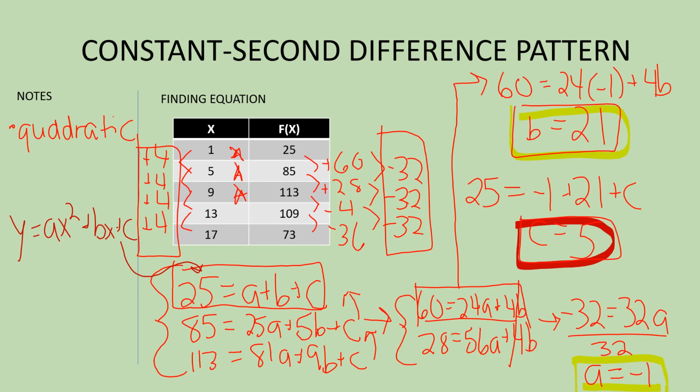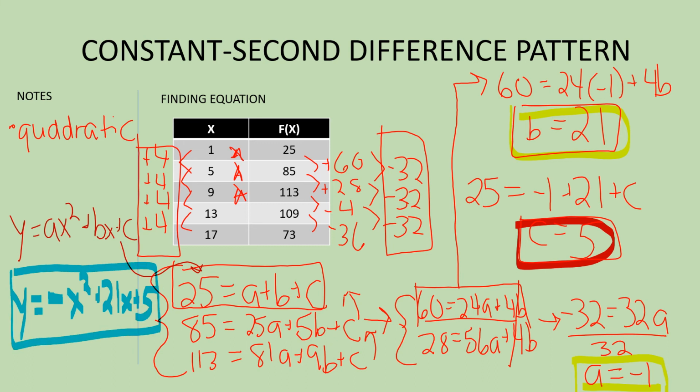So we are going to get y, or f of x, equals negative x squared plus 21x plus 5.